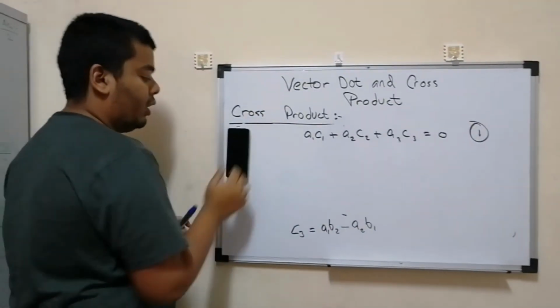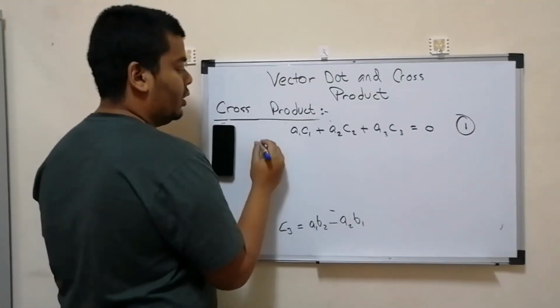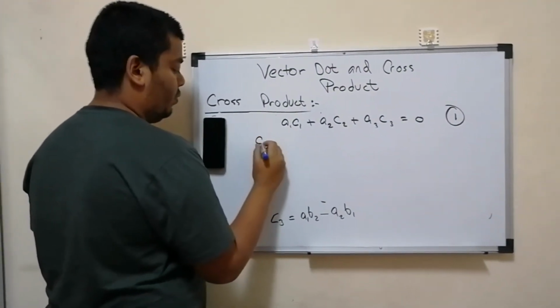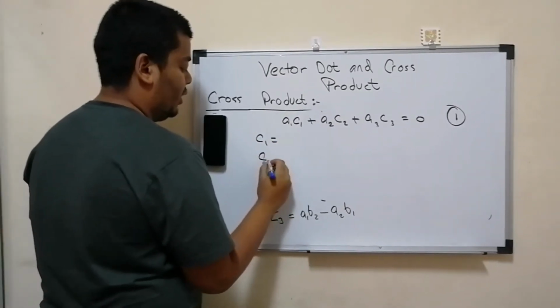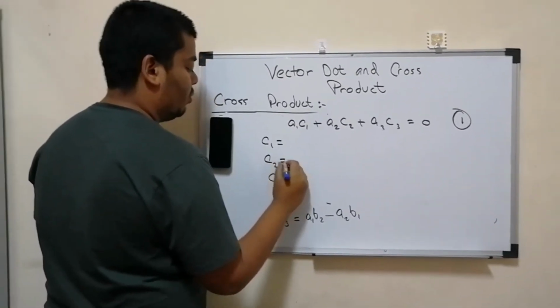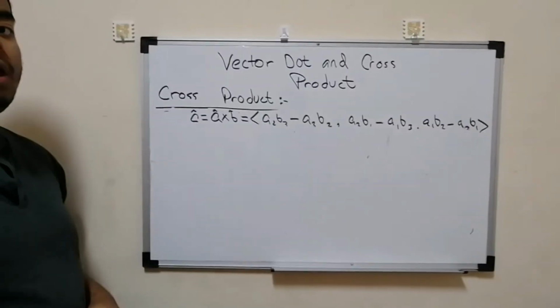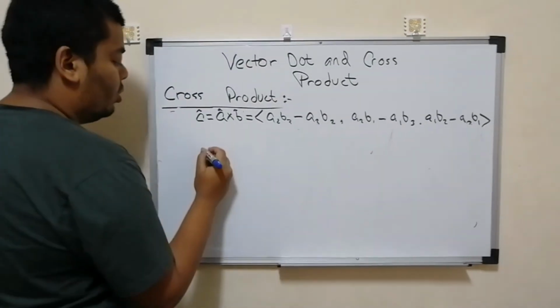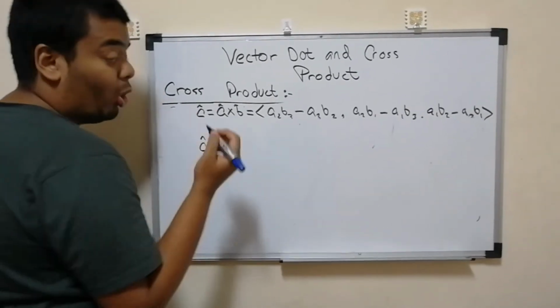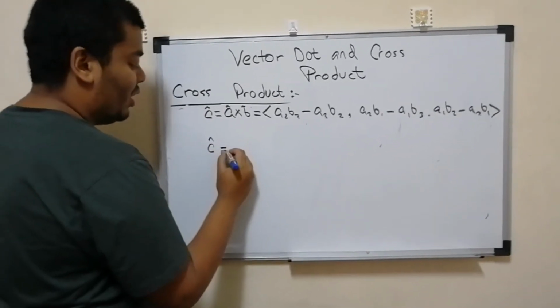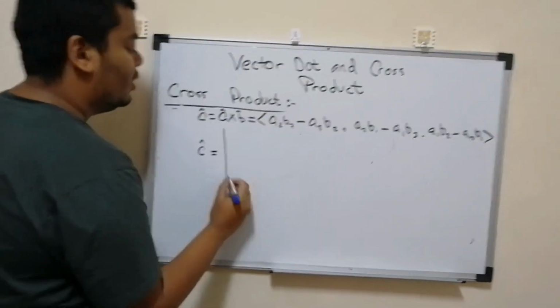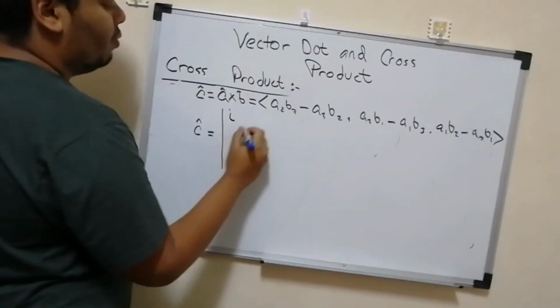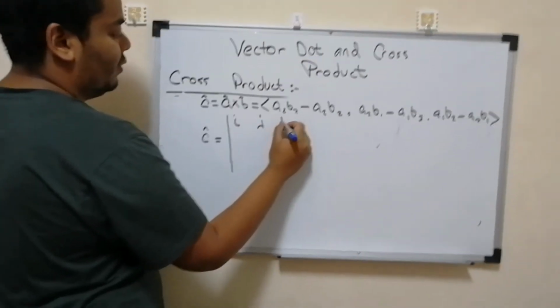Okay, and let's write what was C1, what was C2, what was C3. The vector C can also be determined using the determinant of a 3 by 3 matrix.